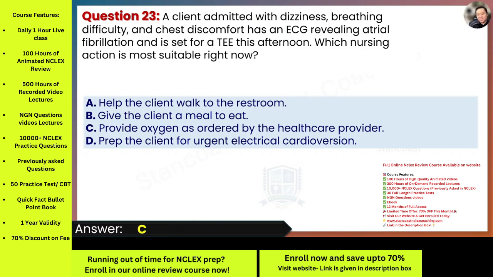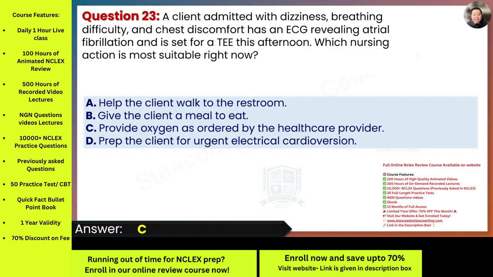So in this case, the priority nursing action for this client with AFib, especially since they are reporting dizziness, difficulty breathing, and some chest discomfort, is to provide oxygen as ordered. Why?